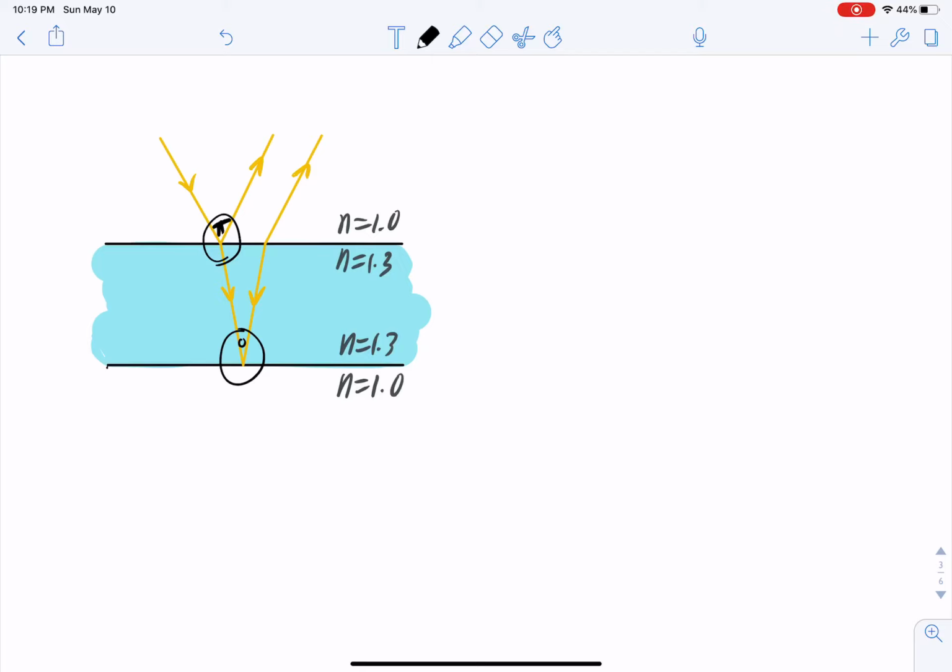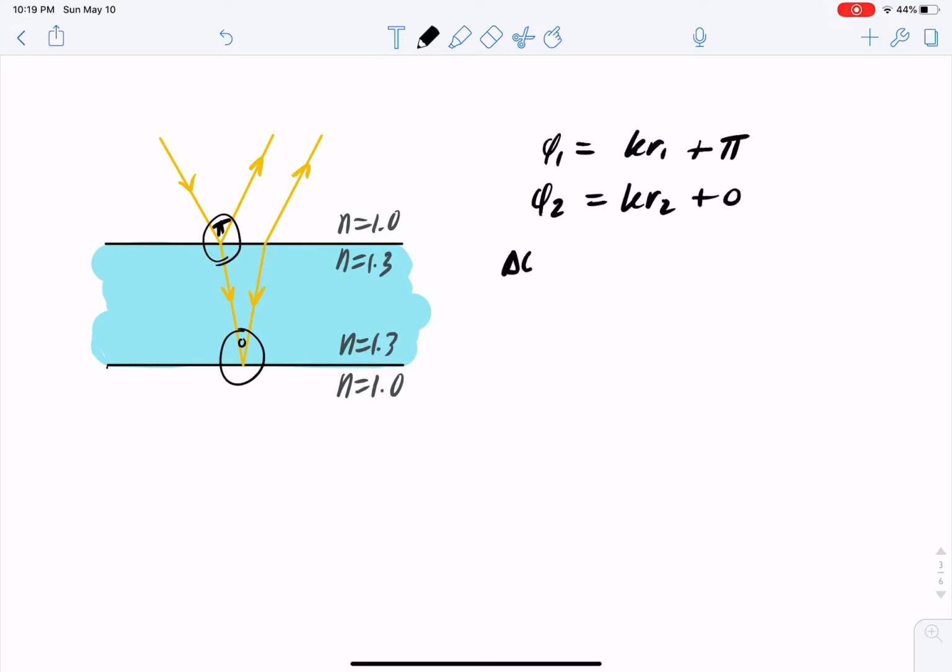So now if we write out the two paths, the phase for the short one is just our path plus an extra pi phase shift. The phase for the second one doesn't have the extra phase shift.